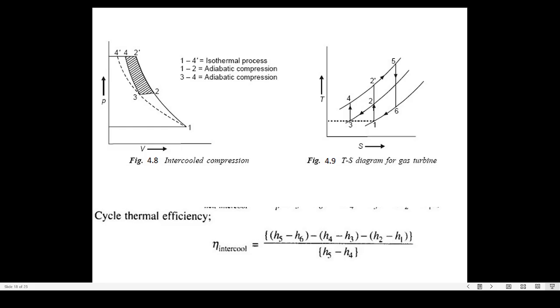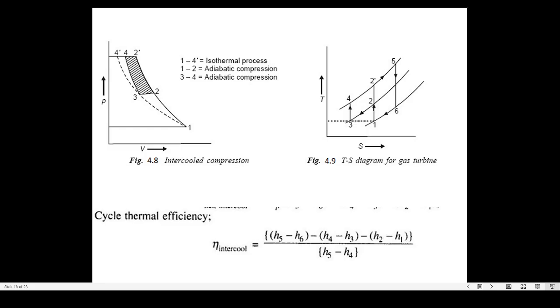Condition 3 represents the state of the air that enters the high pressure compressor. So process 3-4 is the isentropic compression of the air in the high pressure compressor. Then process 4-5 on the temperature entropy diagram is a heat addition at constant pressure in the combustion chamber, resulting in the rise in temperature from T4 to T5. And I can also observe that the maximum temperature in the cycle occurs at point 5.